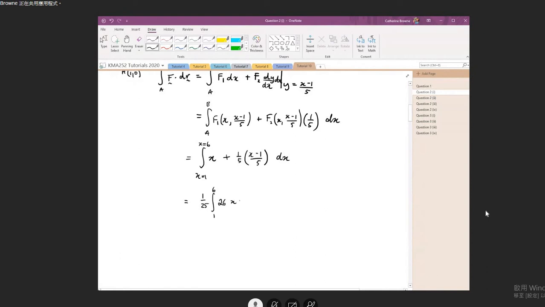So I simplified that to this to make it easier to integrate. So I get 13x squared minus x, and we do that from the limits 1 to 6.